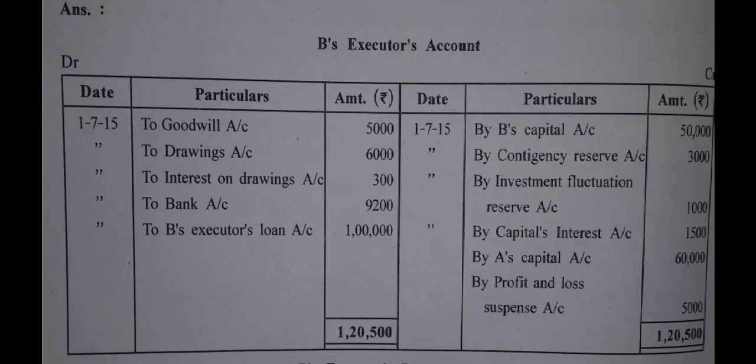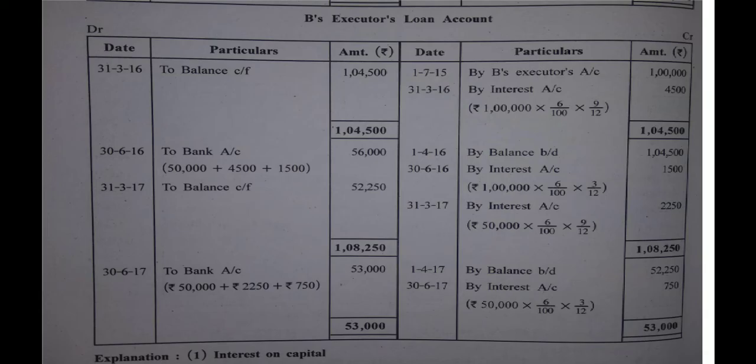And the partner died before completion of the accounting year. So this is the loan, and 1/7/15 to 31/3/16 is a time span of 9 months. Now 9 months is not a year. Yes? So we are just going to calculate the amount of interest for 9 months so that we can close this particular accounting year.